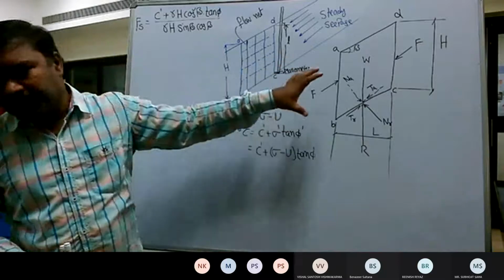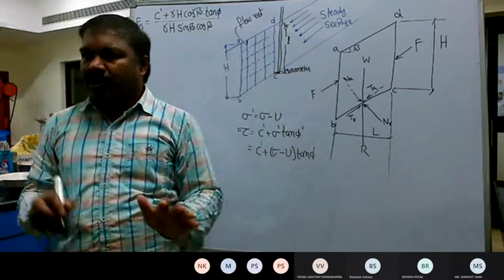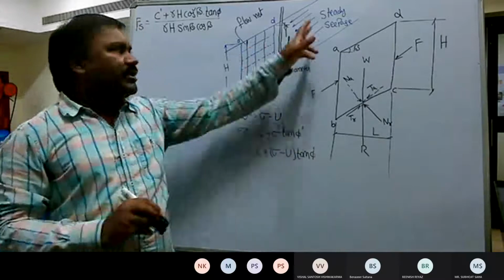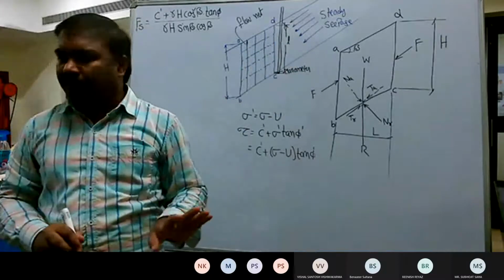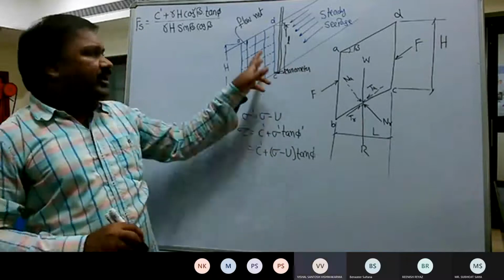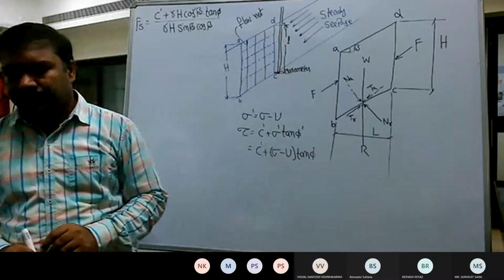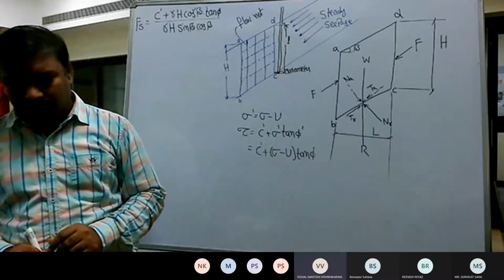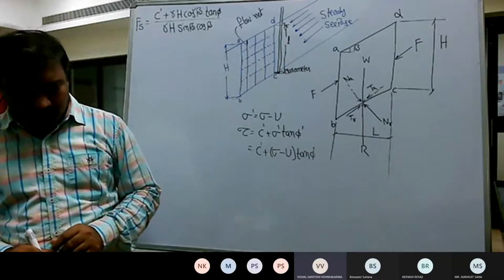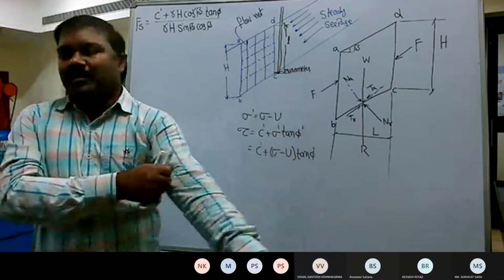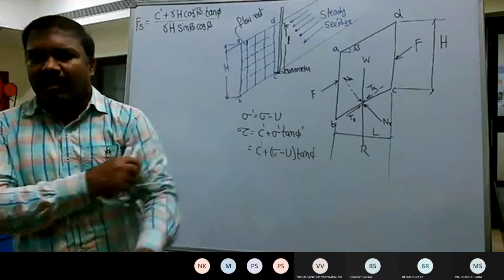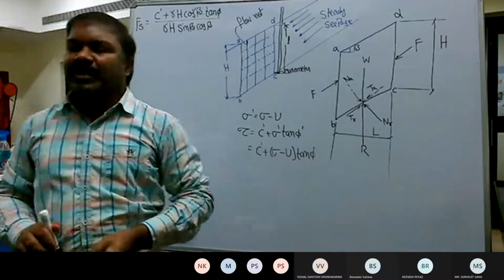Try to distinguish: the static water table is different from the dynamic steady seepage condition. In the static water table, there is no movement of the water at all. Seepage itself is a dynamic condition. Dynamic doesn't mean an earthquake; it's a way of representation.